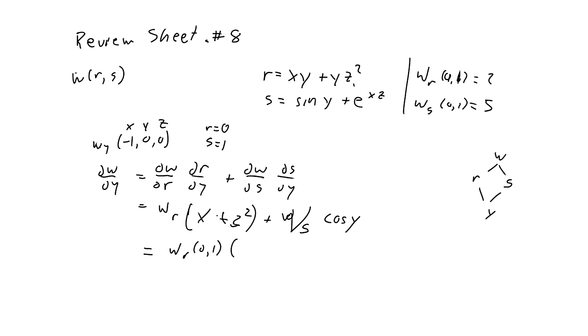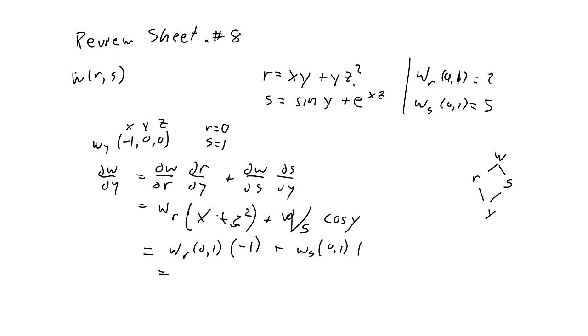Well, x is -1 and z squared is 0. So that'll be times -1 plus dw ds. Again, r is equal to 0 and s is 1 times cosine of y, but y is 0 and cosine of 0 is 1.